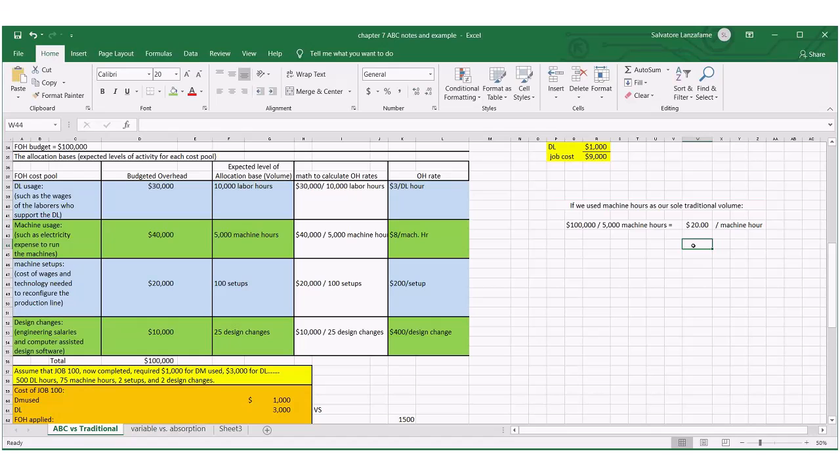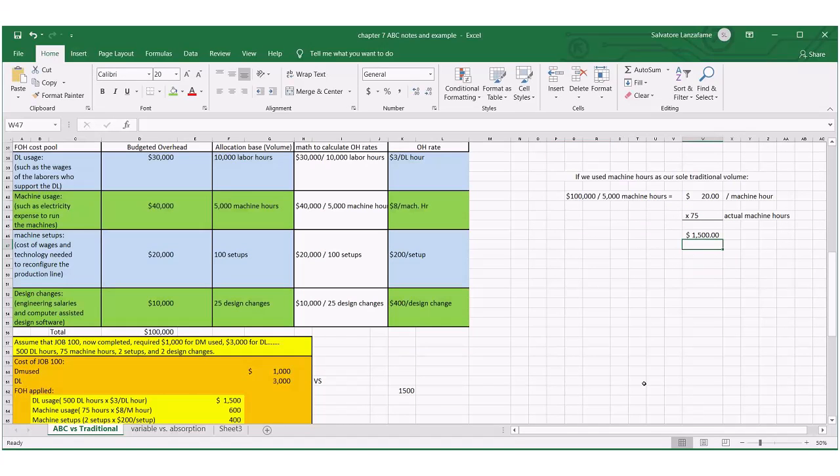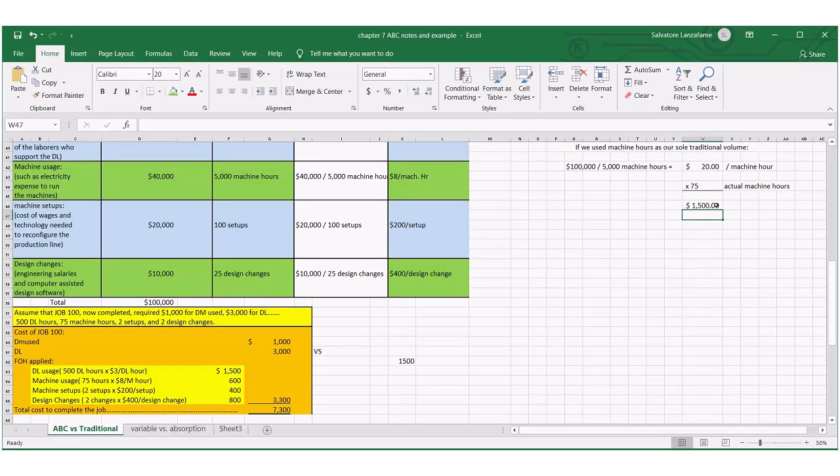So if we multiply this by 75 actual machine hours, let's see what we get. So 20 times 75, and there's that 1,500. So that's where the 1,500 came from.